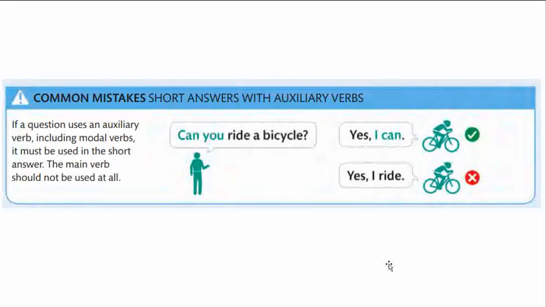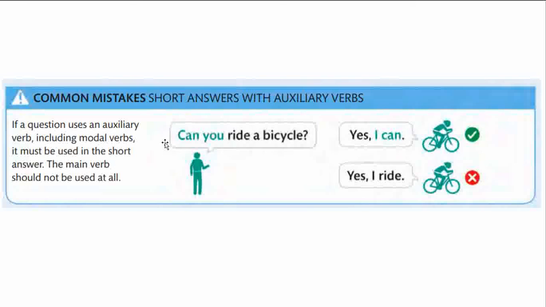Now let us see the next pointer, a common mistake regarding short answers with auxiliary verbs. Remember that you don't have to use the main verb at all in the reply. If the question uses an auxiliary verb, including modal verbs, it must be used in the short answer. The main verb should not be used at all.